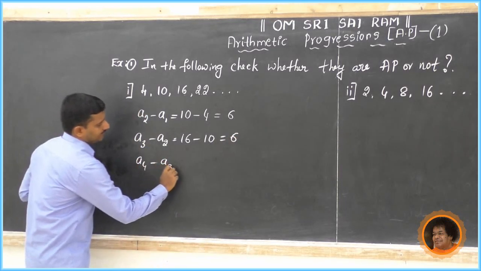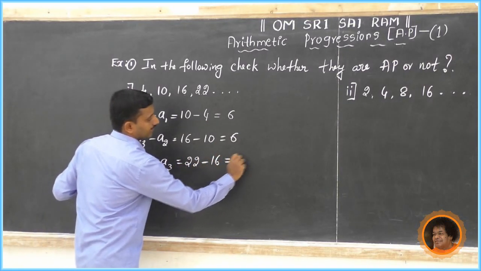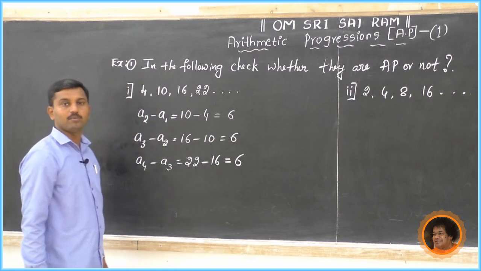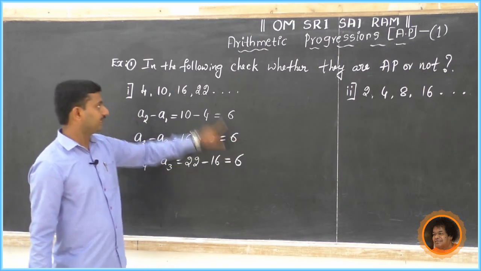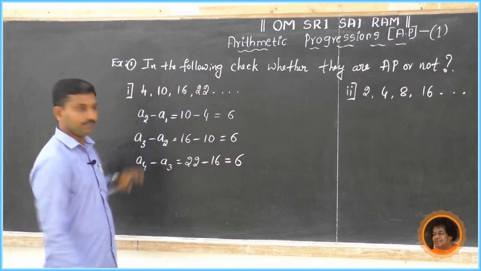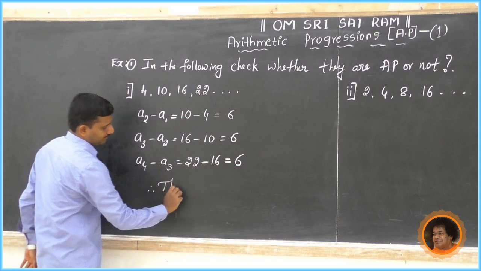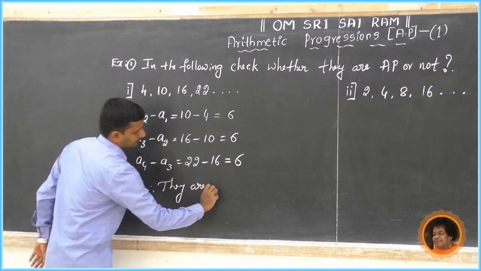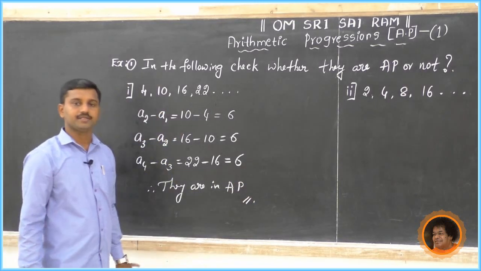A4 minus A3 equals 22 minus 16 equals 6. What about the common difference? If the common difference is the same, then the given list of numbers is in AP. So our conclusion: the common difference is the same, so they are in AP.